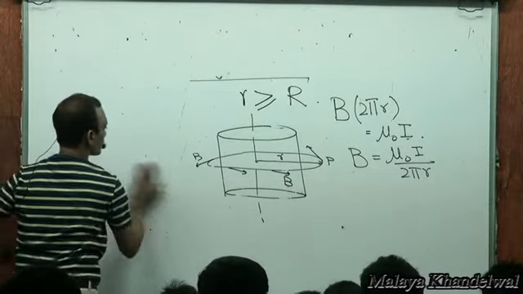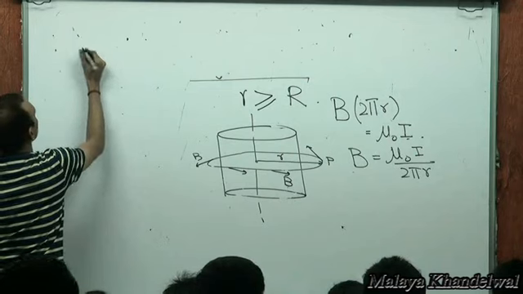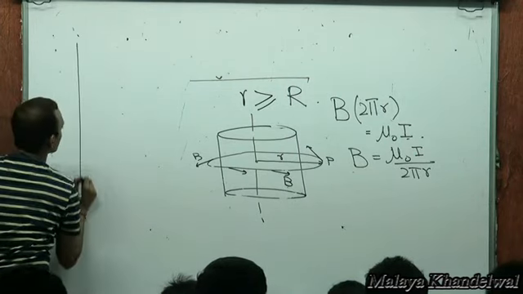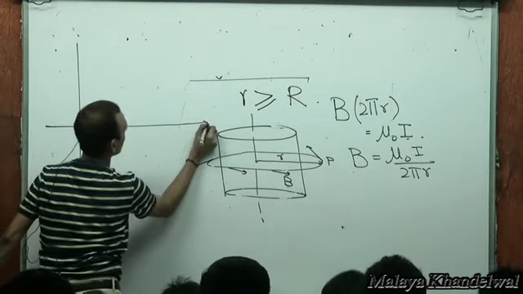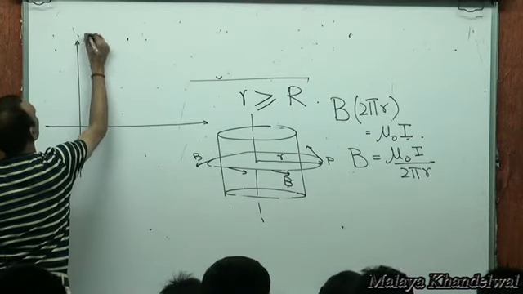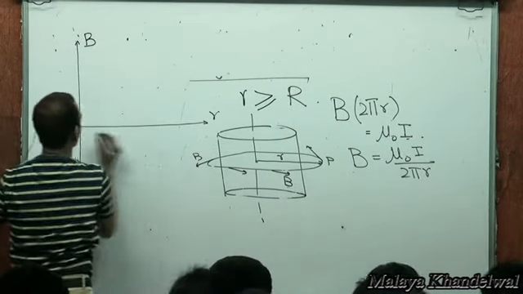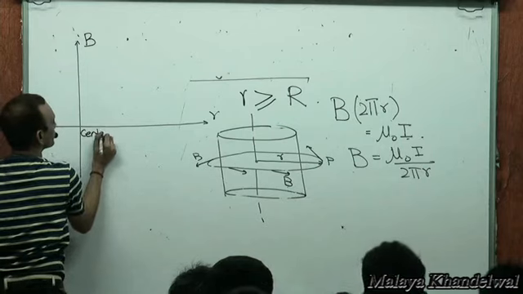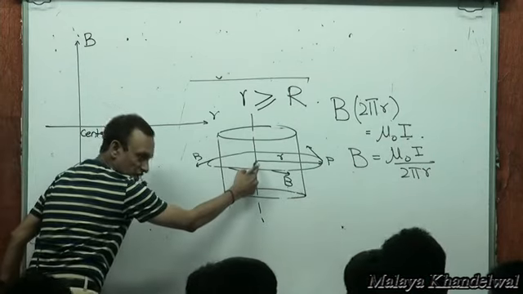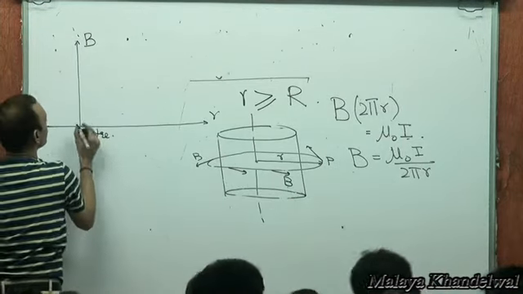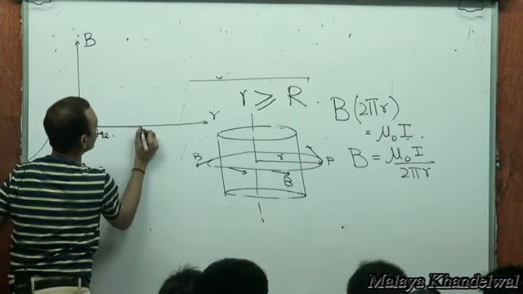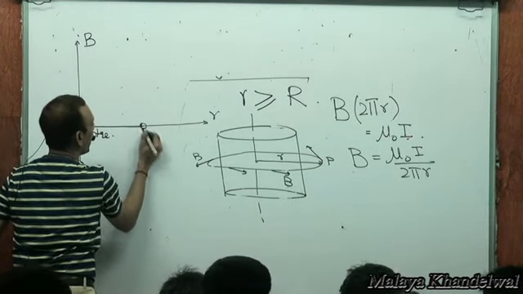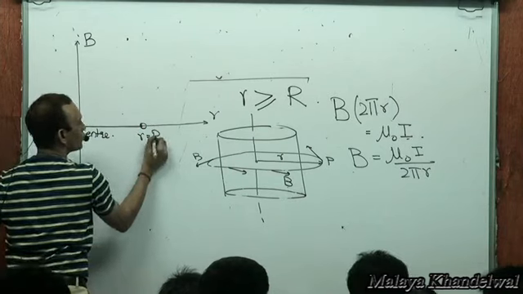the variation of B versus small r, starting from the axis, meaning the center, from the center to capital R, it is 0.